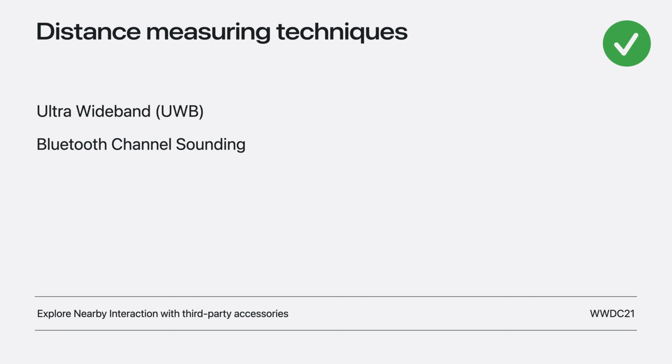But if your accessory only has a Bluetooth chipset, then Bluetooth channel sounding is your best option. You might have used RSSI in the past to estimate distance, but with channel sounding, you can actually measure distance. We encourage you to try channel sounding where your app could benefit from better accuracy.